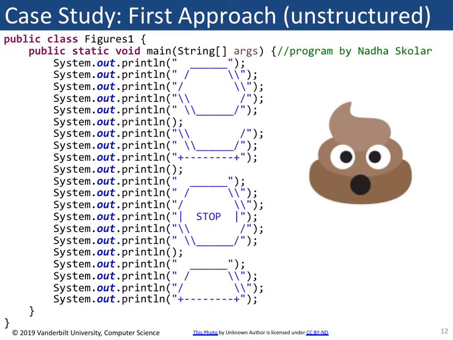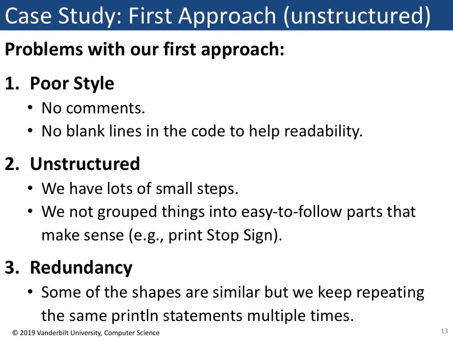This first approach to the program is ugly and unreadable. Let's go through specifically what's wrong with it. First of all, the style was very poor. We had no comments explaining what we were trying to achieve and what each of the code segments achieved. The only comment we had was who wrote it. There were no blank lines in the code to help show segmentation and give it structure.